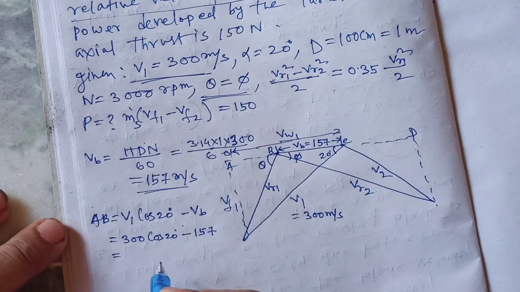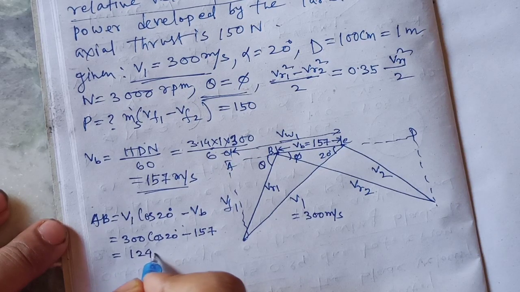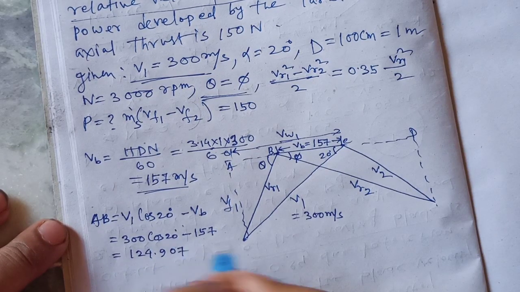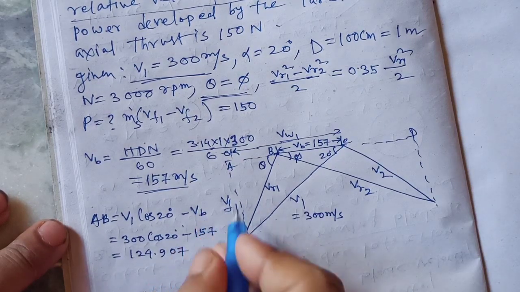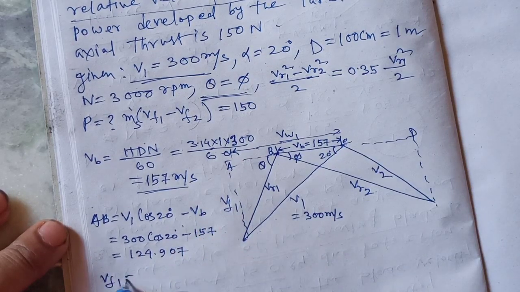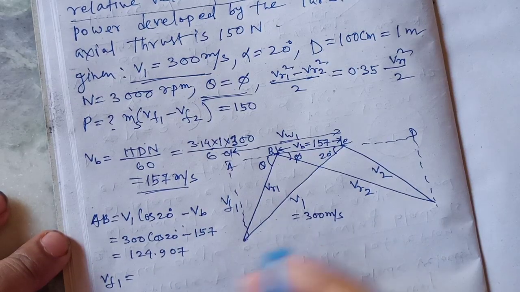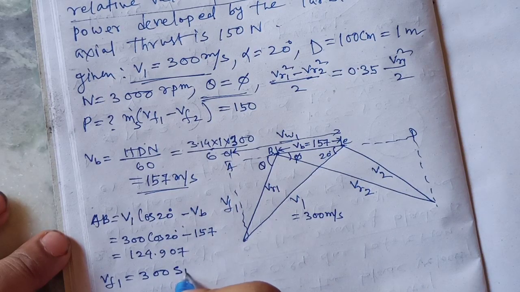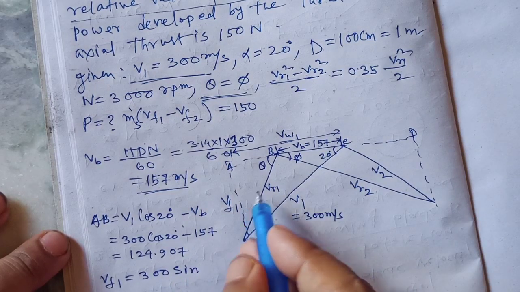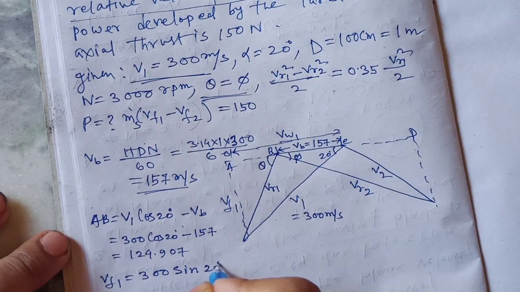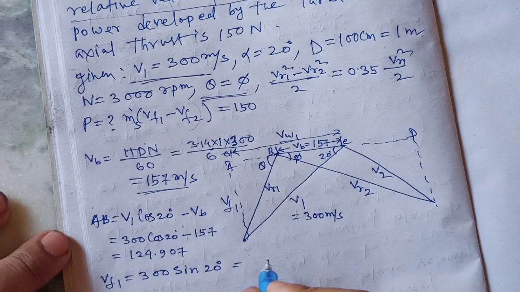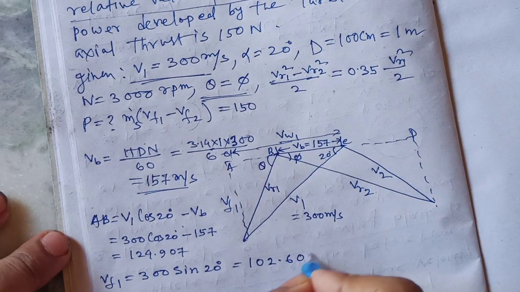This value is 124.907. Now find VF1, which is 300 sine 20 degree. This value will come 102.606.